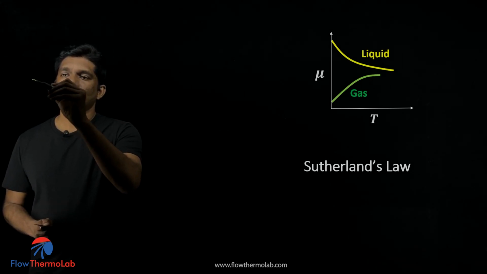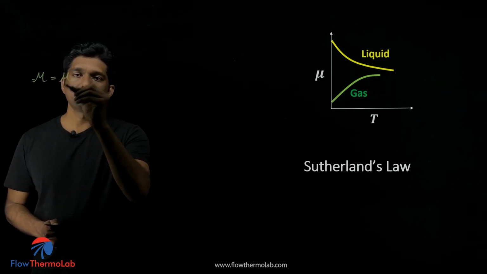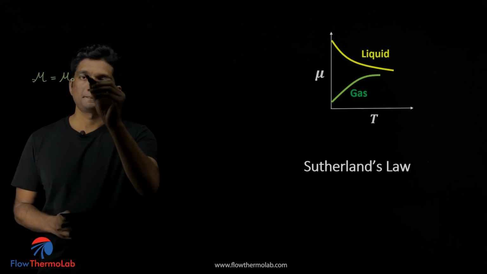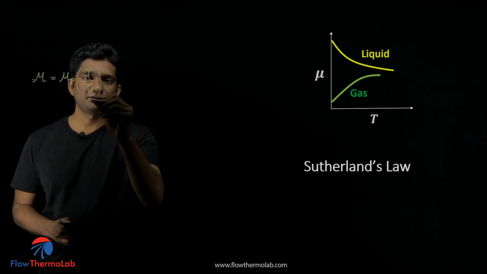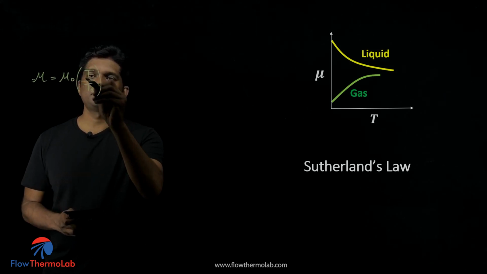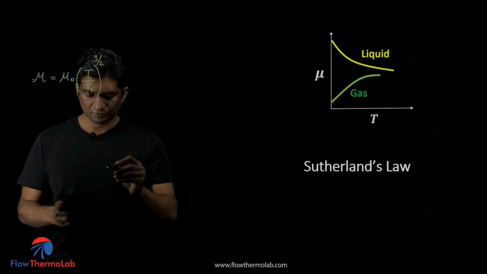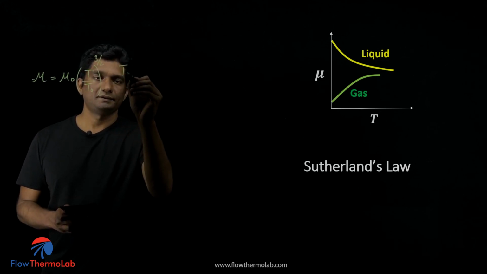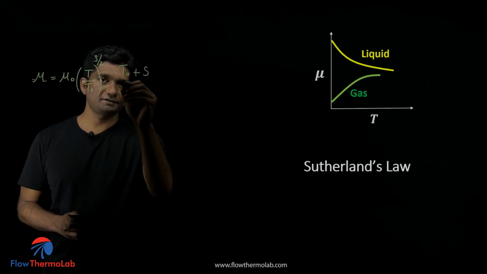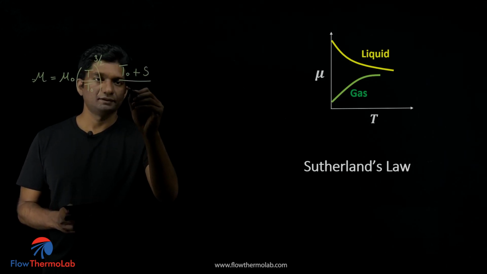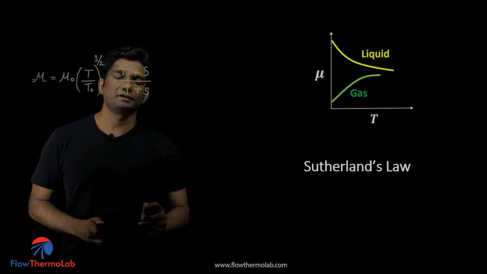The viscosity mu is equal to mu 0, the reference viscosity, multiplied by T divided by T0, where T0 is the reference temperature at which the viscosity is mu 0, raised to the power 3 by 2, multiplied by T0 plus S, the Sutherland's constant, divided by T plus S. Okay, so T0 is the reference temperature.